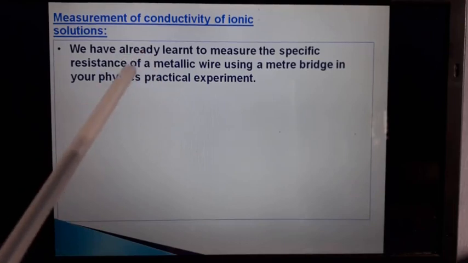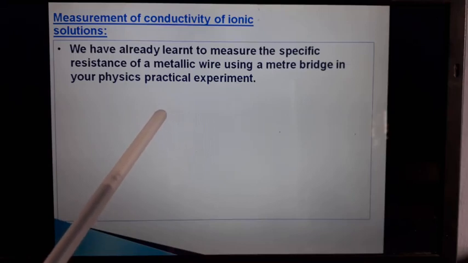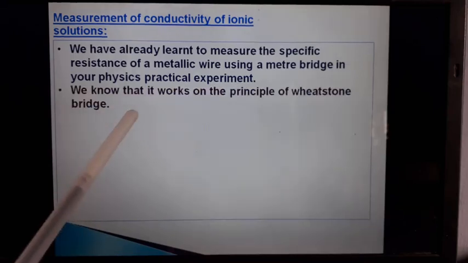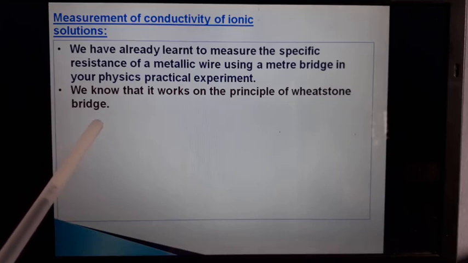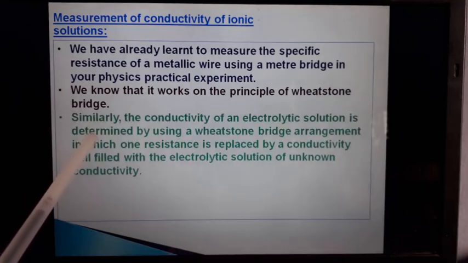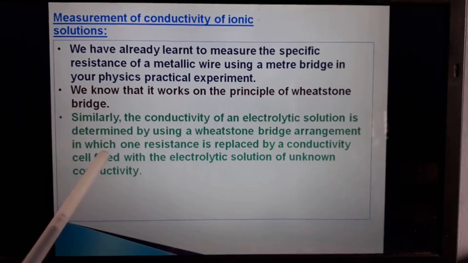It works on the principle of the Wheatstone bridge. Similarly, the conductivity of an electrolytic solution is also determined by using a Wheatstone bridge.